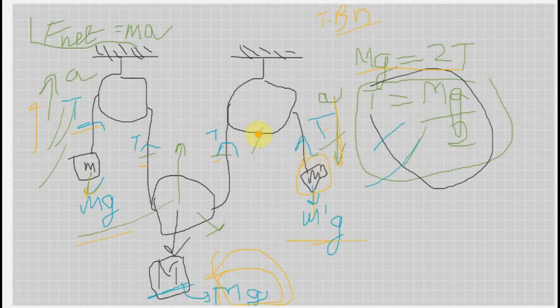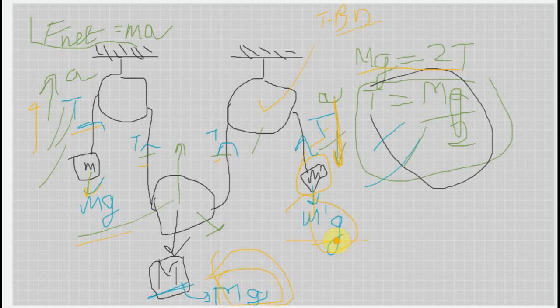So we apply it first here. There are two forces, m prime g and tension T. Which is greater? How can we say? By acceleration. The acceleration's direction and m prime g's direction are the same.